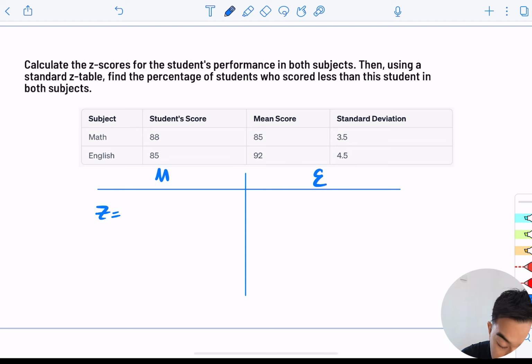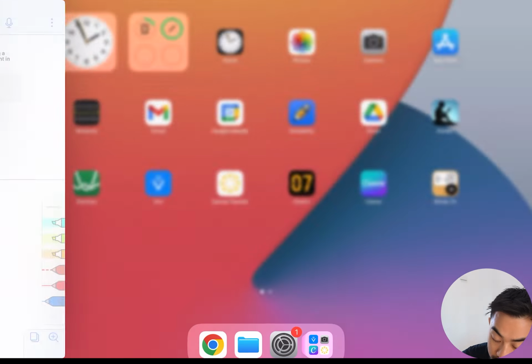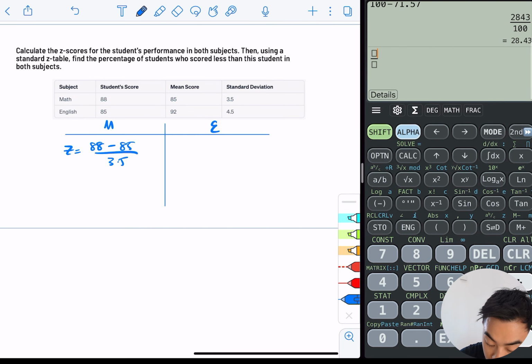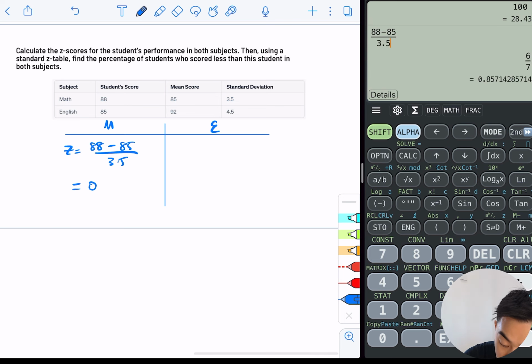What's the z-score for maths? 88 minus 85 over 3.5. So that gives me a z-score of 0.86, let's say.